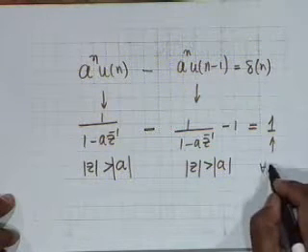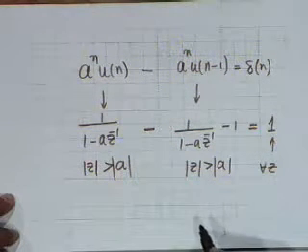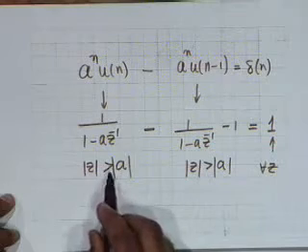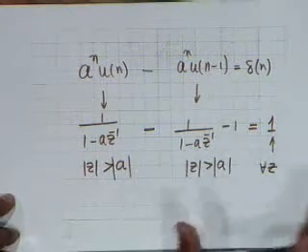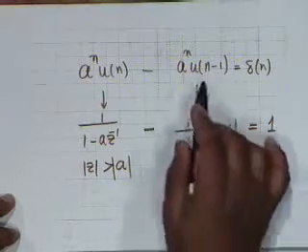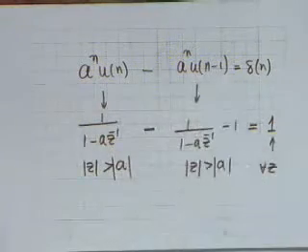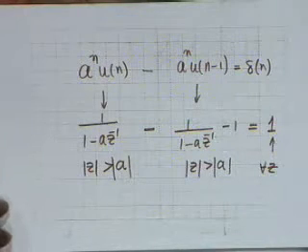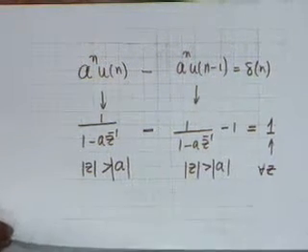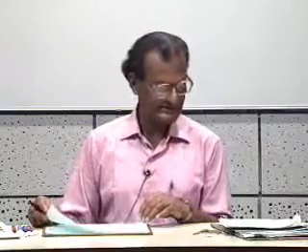ROC is all Z. You see, the ROC is at least this intersection, which means mod Z greater than mod a, but because of superposition the ROC has become wider. It includes the complete Z plane. Well, this is sufficient to demonstrate that the Z transform is indeed a wide-hearted operation.